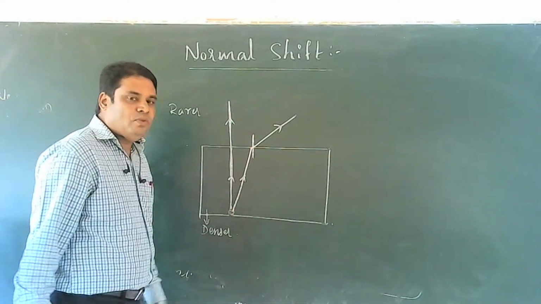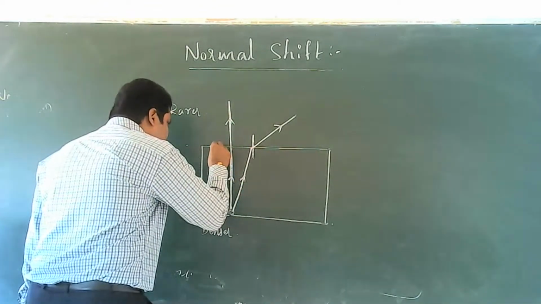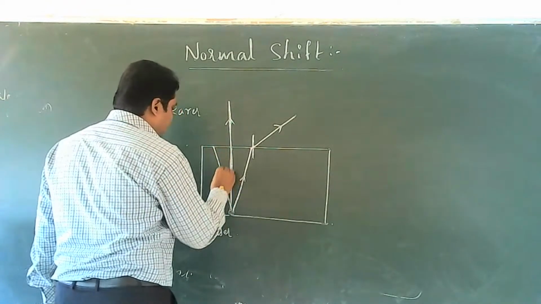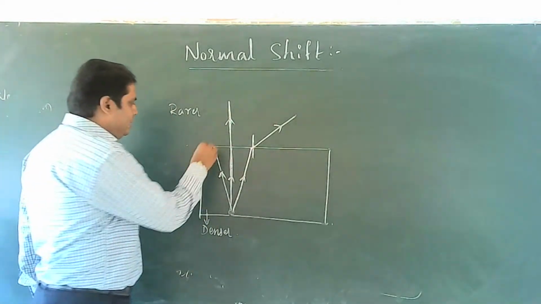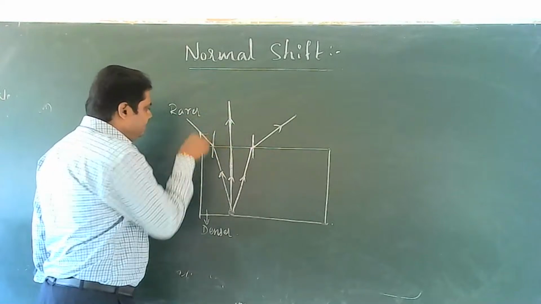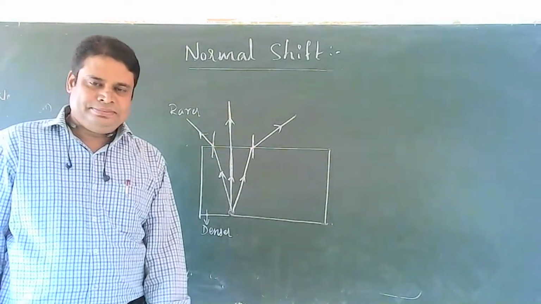Same here. Let me consider one more ray, say ray 3. This is the third ray and a normal.